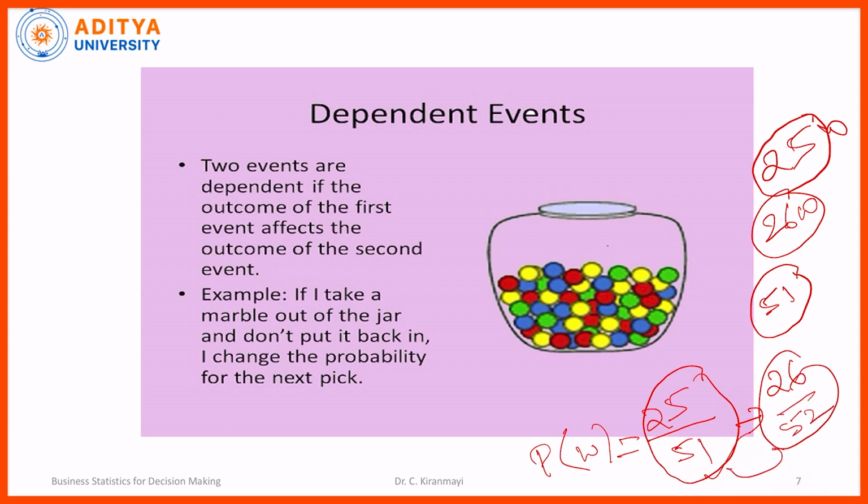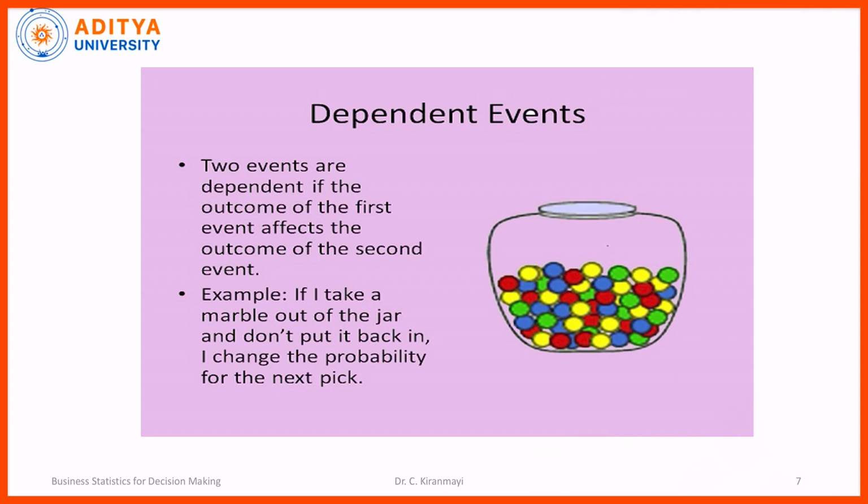This is the best example for dependent events, that is, getting a white card in the second draw is dependent upon getting a white card in the first draw. In such a case, the two events are said to be dependent events.